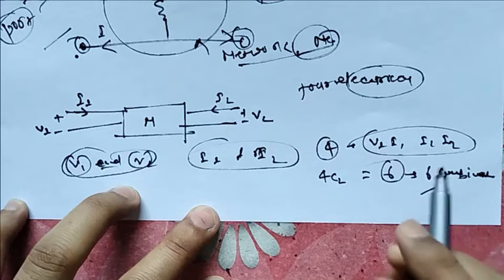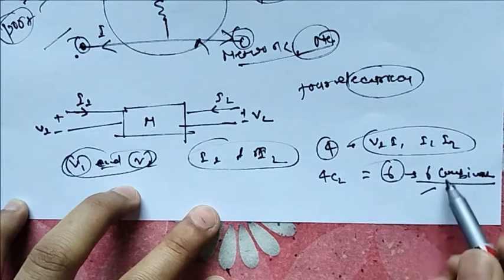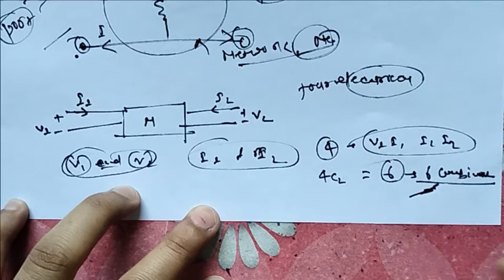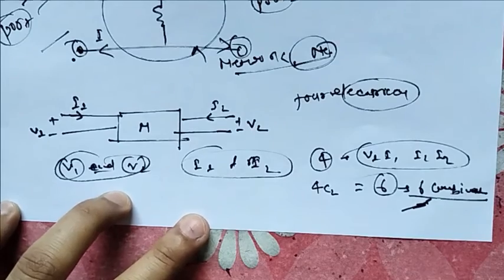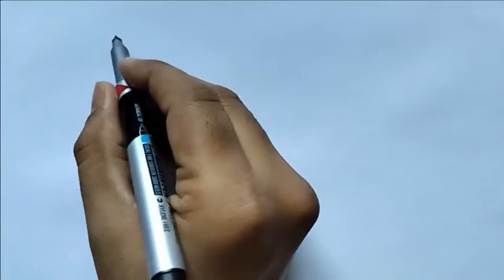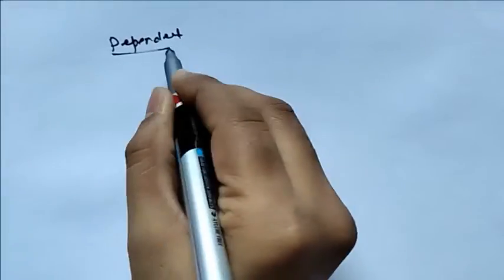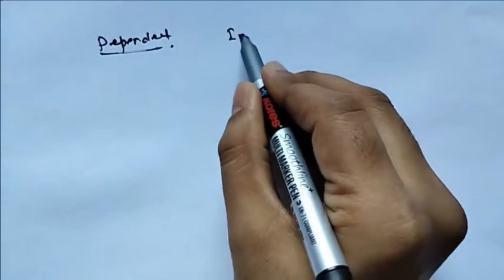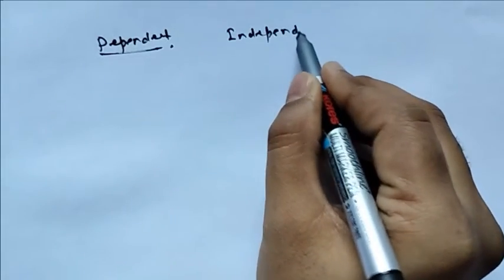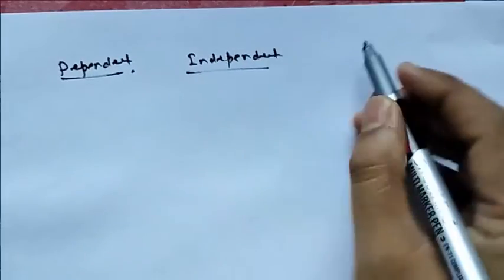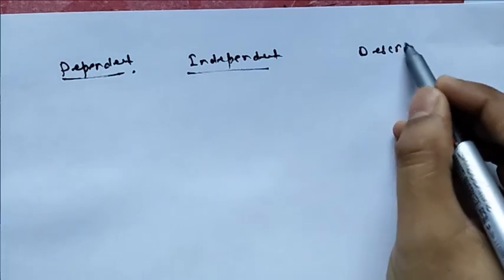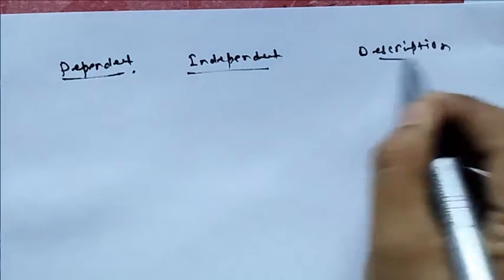Now out of the 6 combinations, we need to specify each one of them. Now I am writing dependent, independent, and the types, meaning the description.